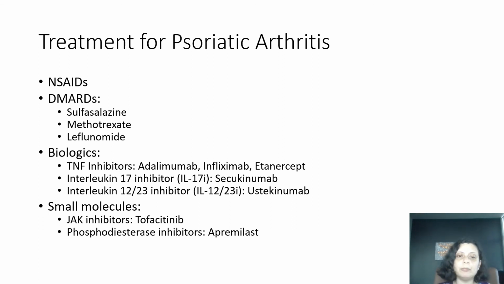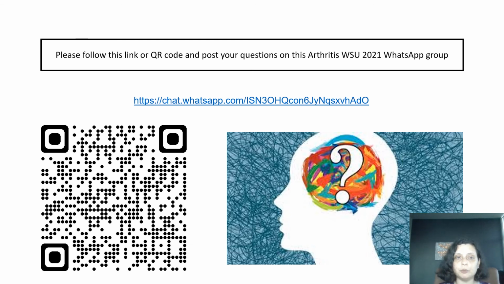There are just so many biologics available in the market, so many new medications coming up every year for psoriatic arthritis. I think people with psoriatic arthritis do much better than they used to because of the availability of such a plethora of medications. So that's psoriatic arthritis in a nutshell for you guys.